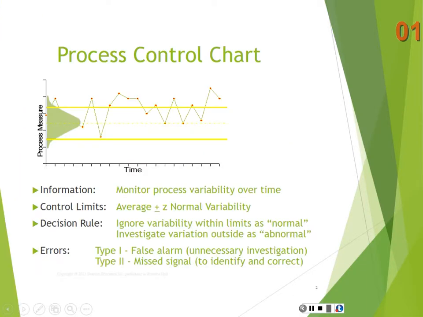Okay. So when we talk about a process control chart, every time we look at a chart, you should be aware that there are at least 4 components on the chart. Okay. So the very first component is going to be what's the mean of your current process, right? That's this dashed yellow line, okay?